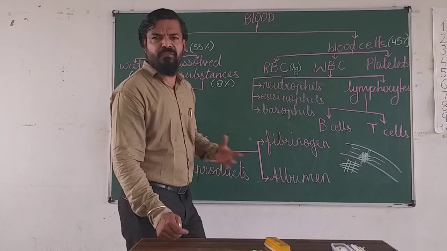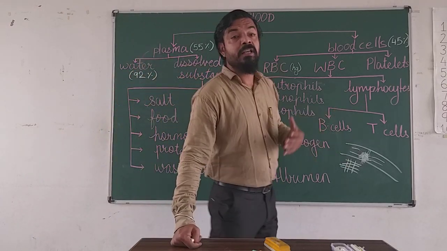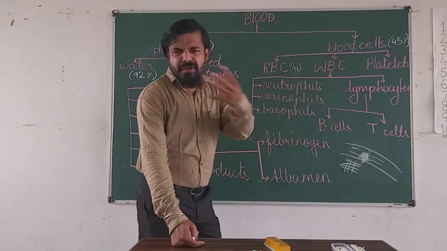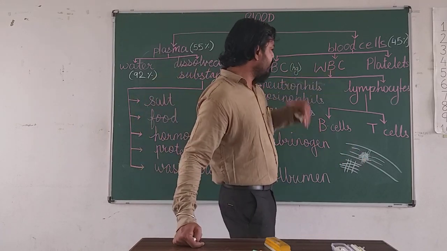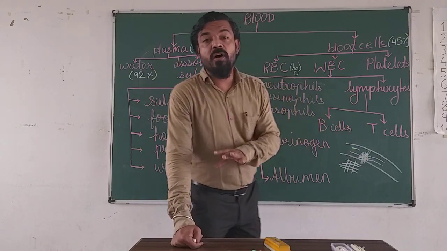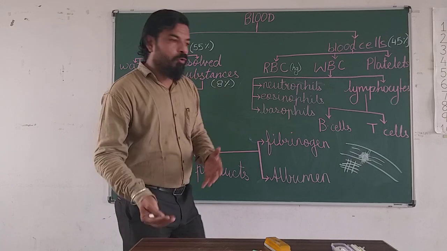Very fast, very fast. They send the soldiers immediately to that part. These T cells will immediately act. The lymphocytes, neutrophils, and basophils go very fast and they stop the blood flow.